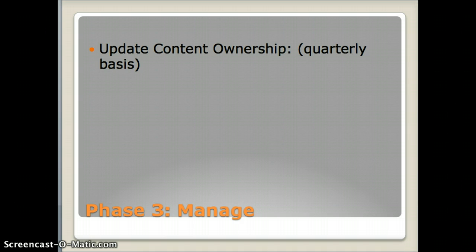So for example, if someone left in the middle of the website redesign, you need to make note of that so that the content ownership that they were responsible for can be given to someone else. Or if somebody changed jobs, that they are given different content based on their job change. And again, this should be done automated if possible through reports on the computer.